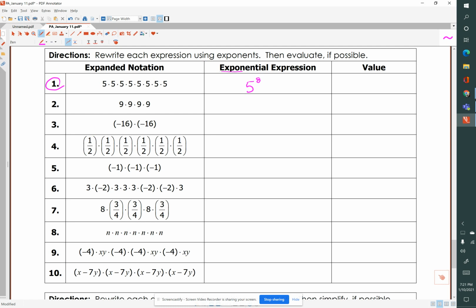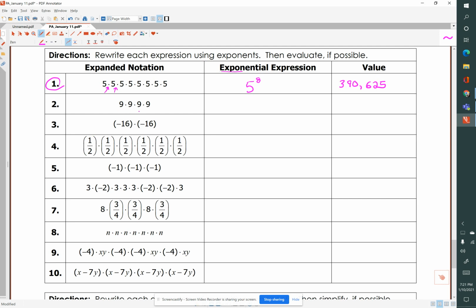If we were to use a calculator and keep evaluating that, we'd have a very large number of 390,625. Remember, it's 5 times 5, which is 25, times 5, which is 125. And if you keep going, these numbers get big rather quickly.